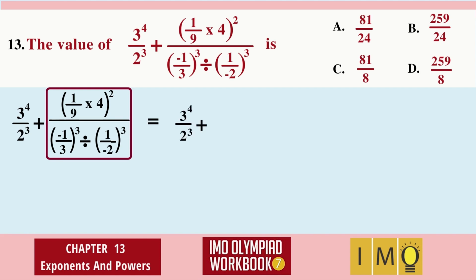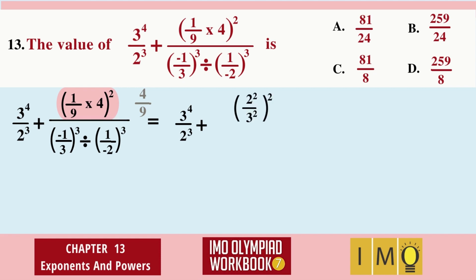Here, the numerator 1 by 9 into 4, which is 4 by 9, can be also written as 2 square by 3 square. We do this step because all the other values in our expression are 3's and 2's.